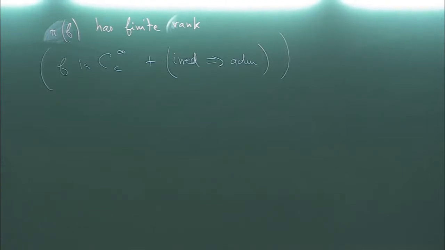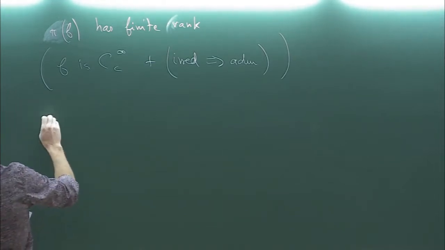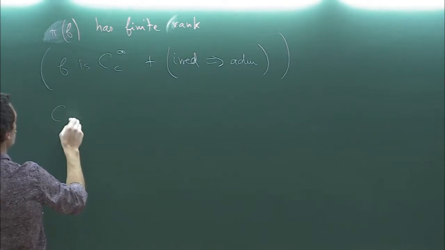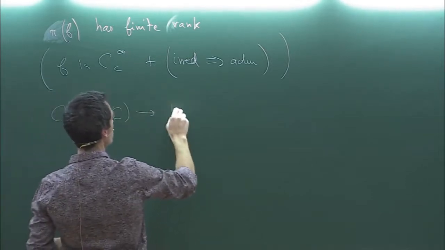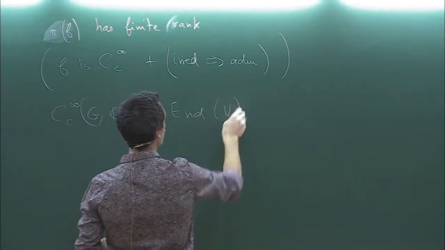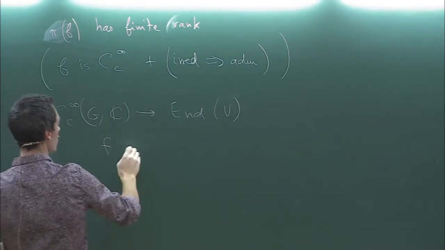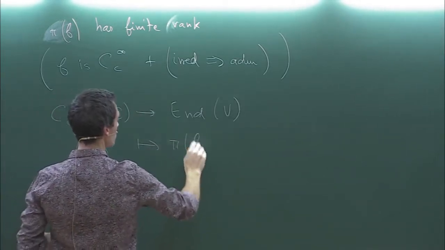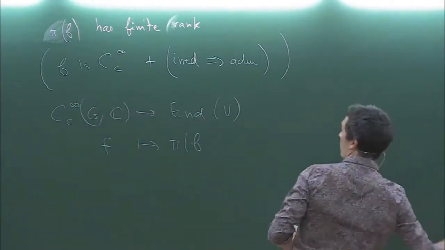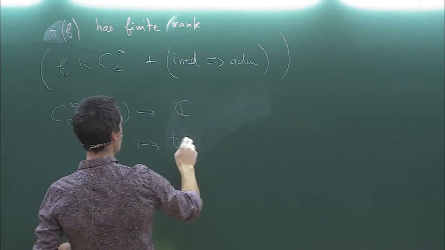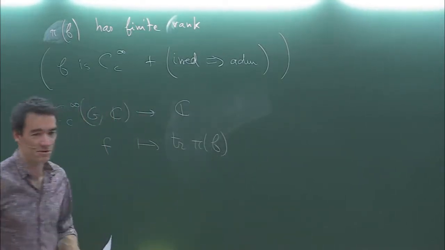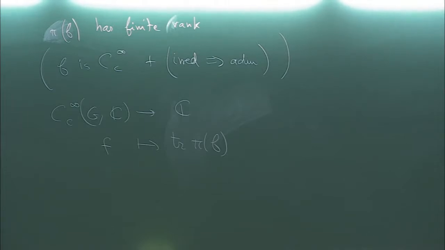Okay. So now consider the map from C_c^infinity(G) to the complex numbers, which takes f to the trace of this finite rank operator pi(f).